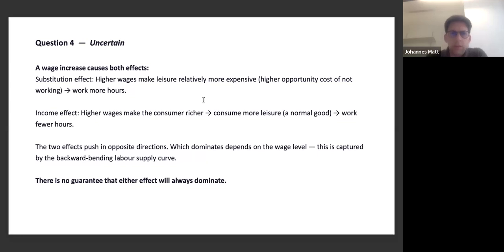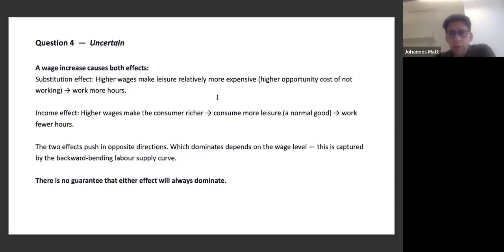So think about an increase in the wage, right? That increase in wage is going to have two effects on labor supply. On the one hand, a higher wage makes it relatively more expensive for you not to work, in other words, to consume leisure.